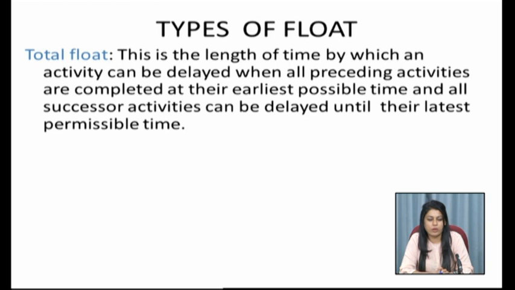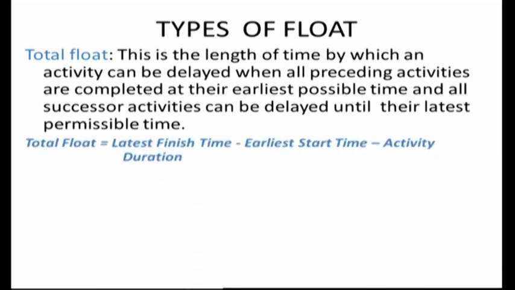This is nothing but the total float. So mathematically it is given by this statement: total float is equal to the latest finish time minus earliest start time minus the activity duration.